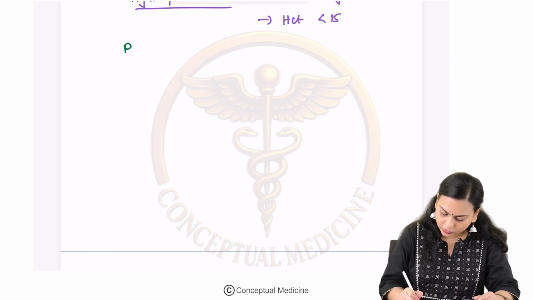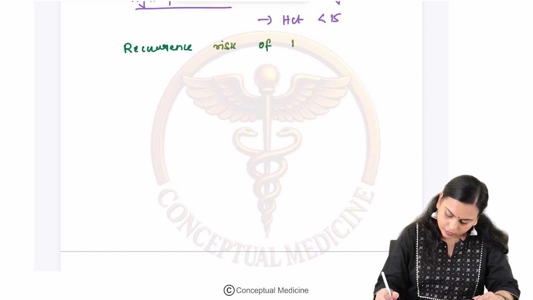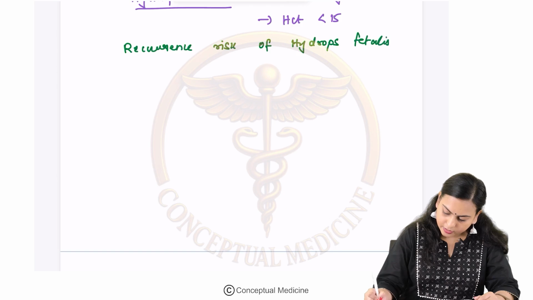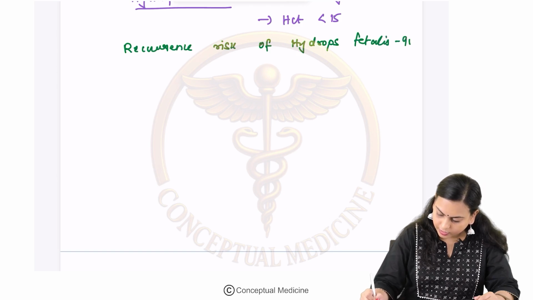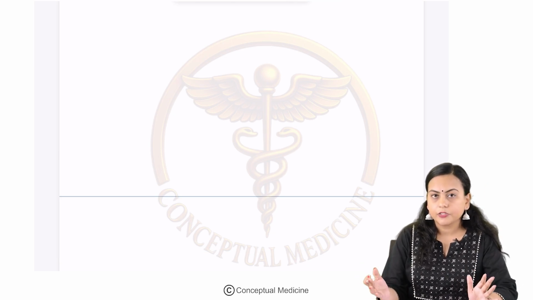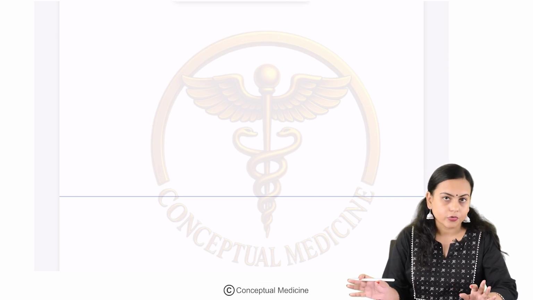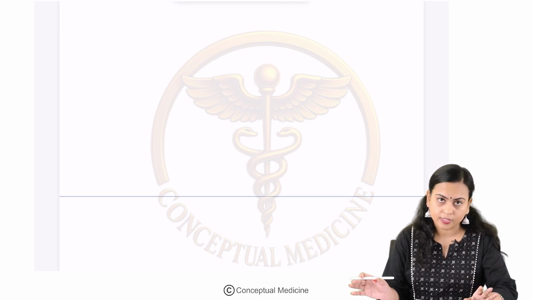Okay, so the recurrence risk of Hydrops Fetalis is 90%. See, Hydrops Fetalis can occur due to an immune cause, as we have seen in Rh negative pregnancy, and it can occur due to some other non-immune causes also. Remember, non-immune causes are more common than immune causes.